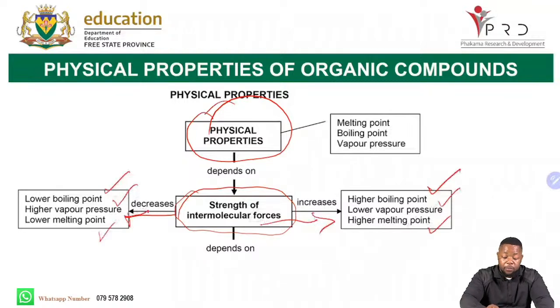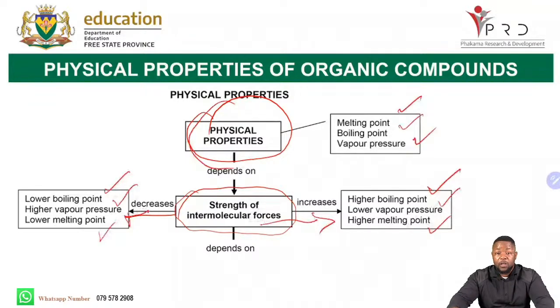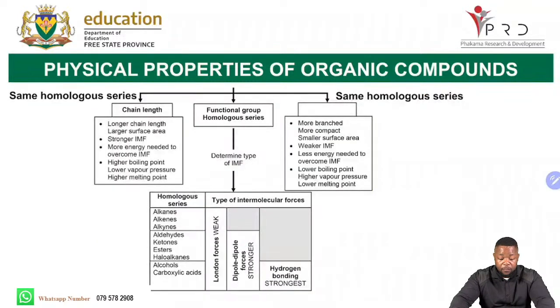The physical properties that we are going to focus on in this syllabus are the melting point, boiling point, and vapor pressure. It is very important that you go through this and see how all of these intermolecular forces affect these three physical properties. Now, we want to know, in terms of their homologous series, which homologous series carries what type of intermolecular forces.